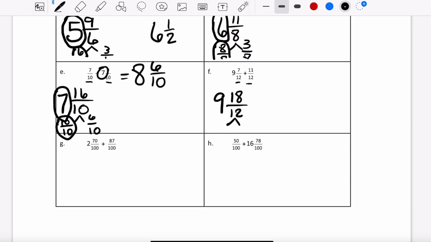So we would have 12/12, and we would have 6/12 left. We take 9 plus our 1 whole, which equals 10 and 6/12.